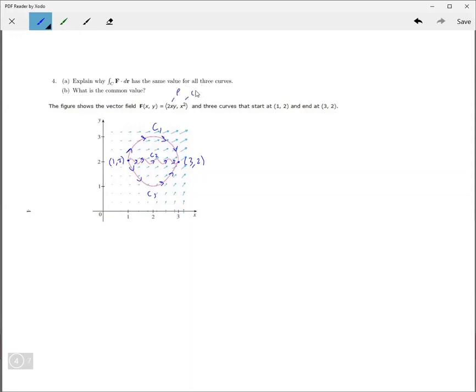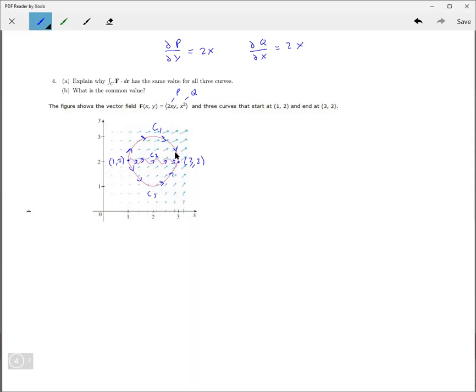This is our P, that's our Q. If we take the partial of P with respect to y, we get 2x. And if we take the partial of Q with respect to x, we get 2x. So that means that this field is conservative, right?